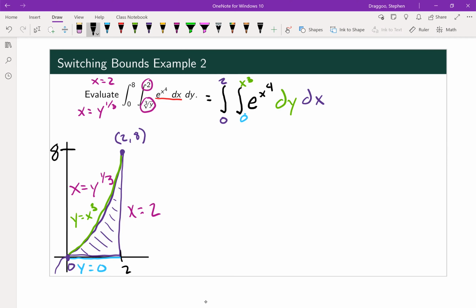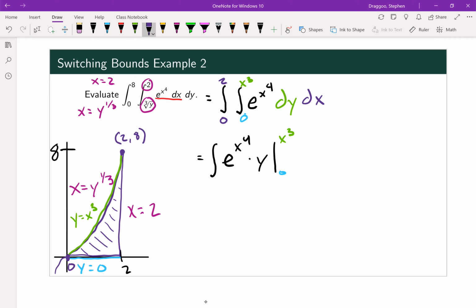But let's do another integration. So we'll integrate e to the x to the 4th dy, which will just be e to the x to the 4th times y, evaluated by our two bounds, 0 on the bottom, x cubed up top.